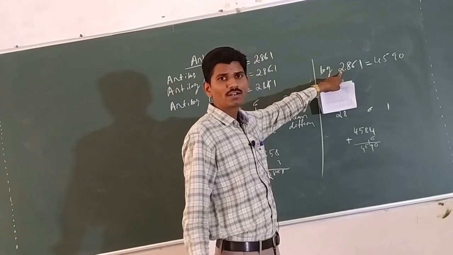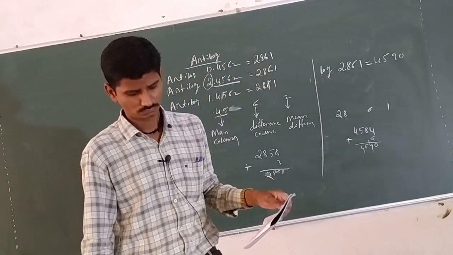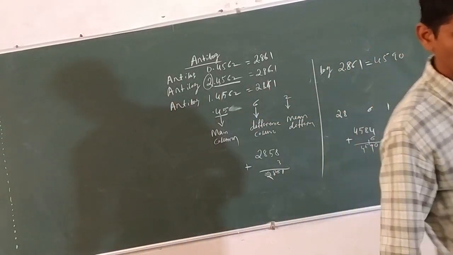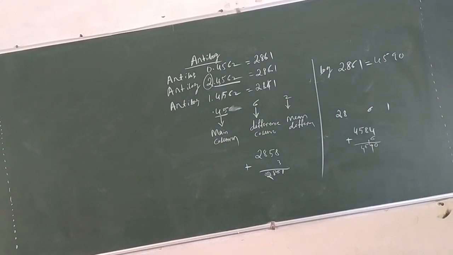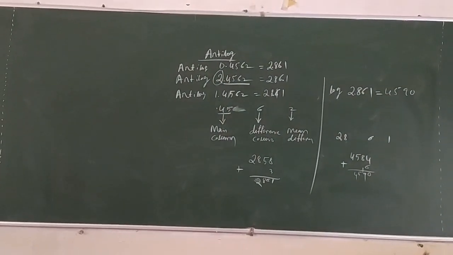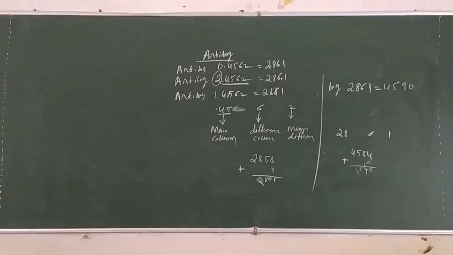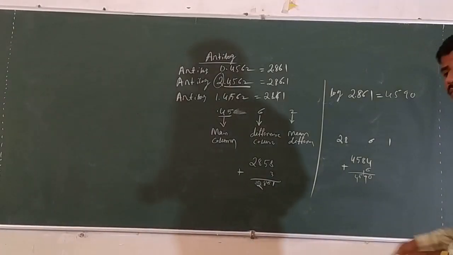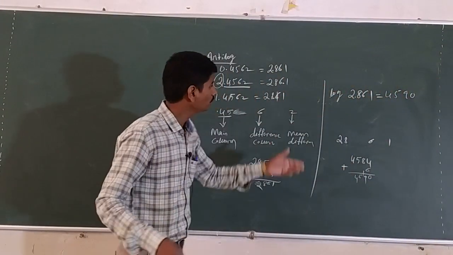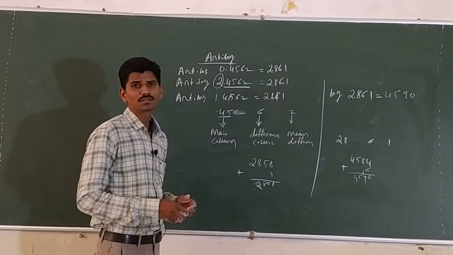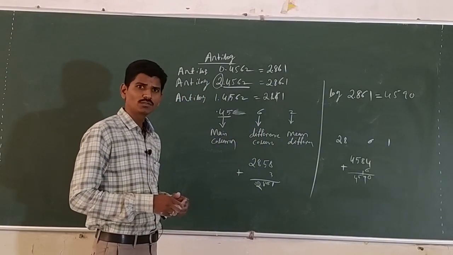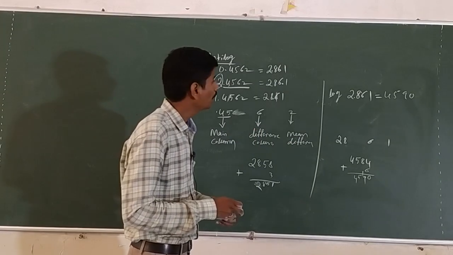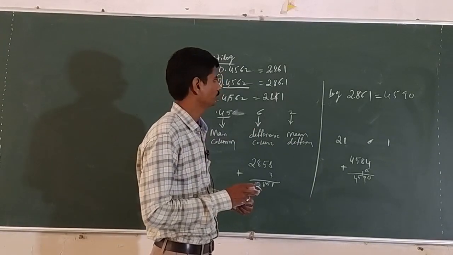Here in logarithm, it is number of digits minus 1.